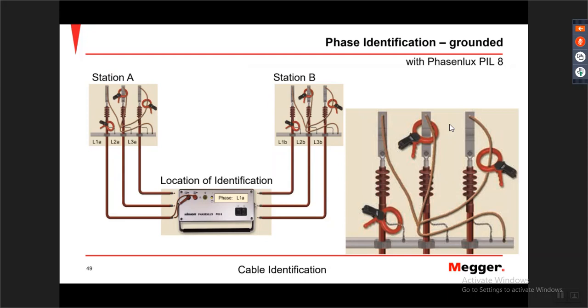The unit itself will recognize the signal from the coil of the receiver and tell you on the screen what cable the clamp is connected to, to positively identify that phase for marking up purposes.